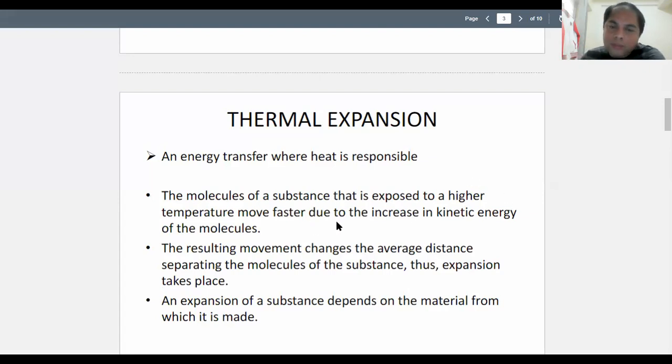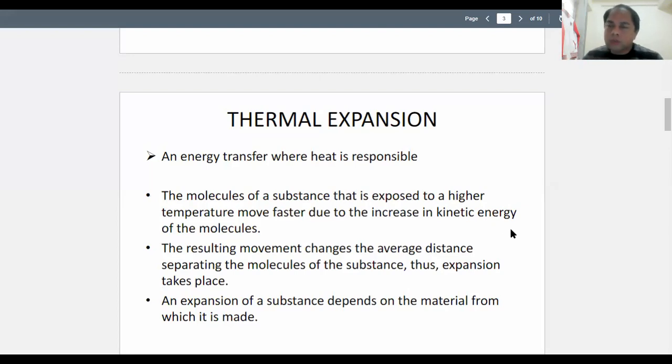Molecules of a substance that is exposed to a higher temperature move faster, due to the increase in kinetic energy of the molecules. The resulting movement changes the average distance separating the molecules of the substance. Thus, expansion takes place.